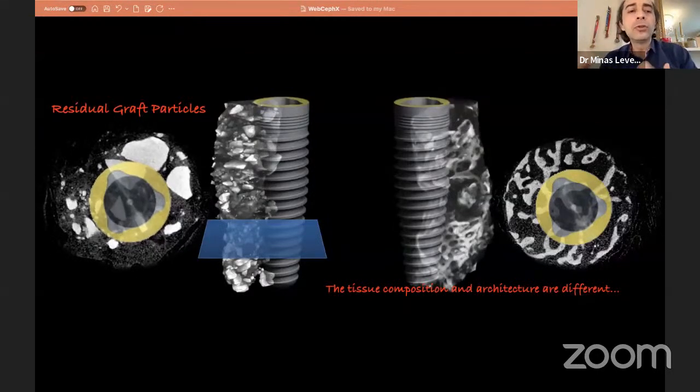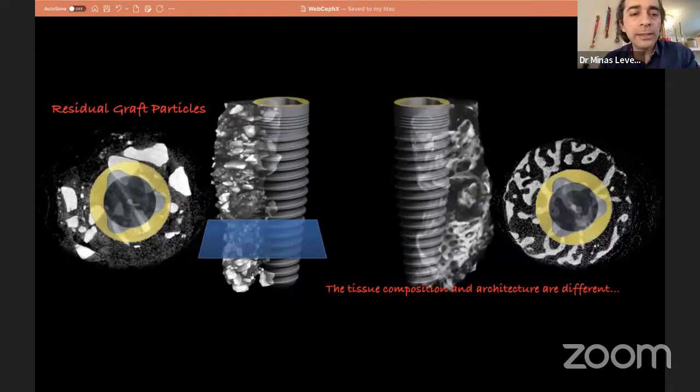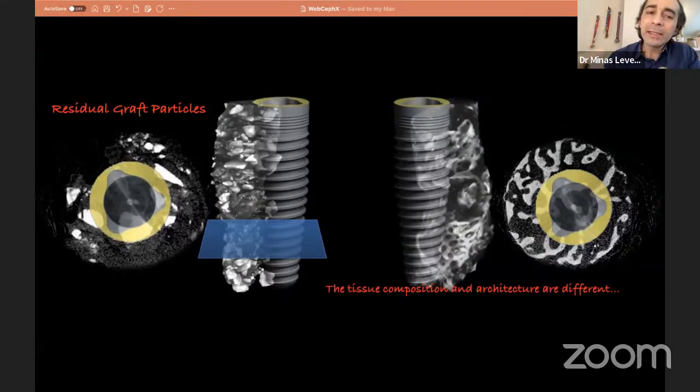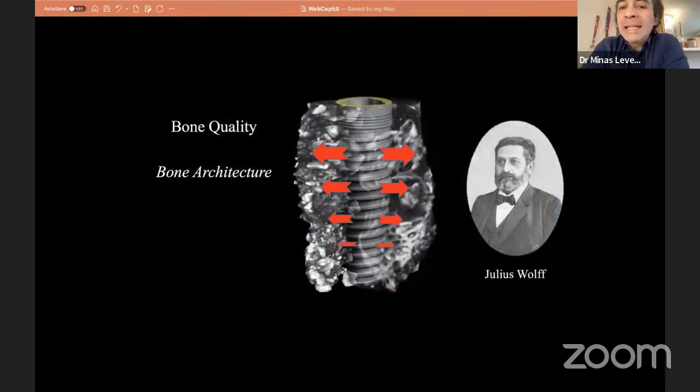It has too much bovine xenograft, which is embedded into new bone, and this has a very big effect on the architecture and the quality of the new bone. It's essential, because we are talking about orthopedics, placing an implant into hard tissue. It's an orthopedic procedure, so we need to have the highest quality of bone.